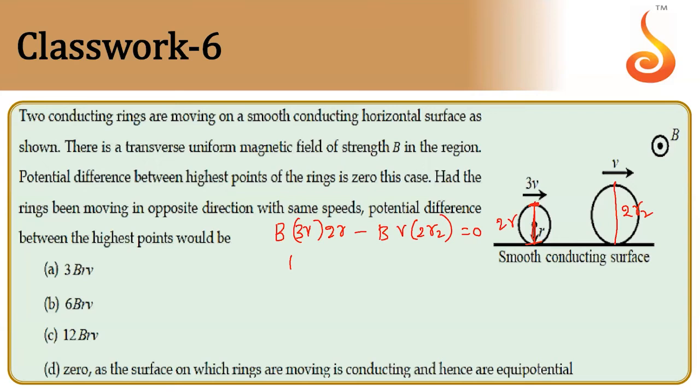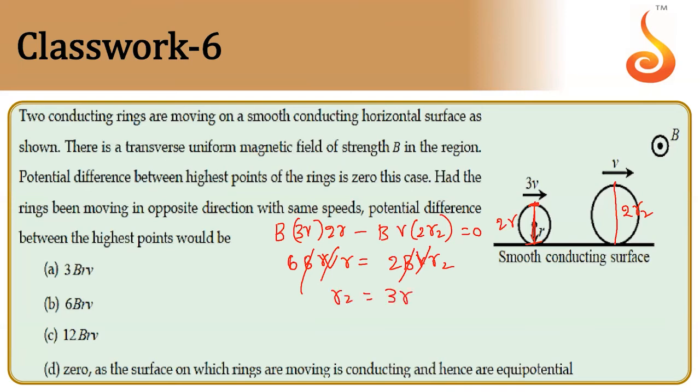So 6 BVR is equal to 2 BVR2. The V's get cancelled here, so R2 equals 3R.